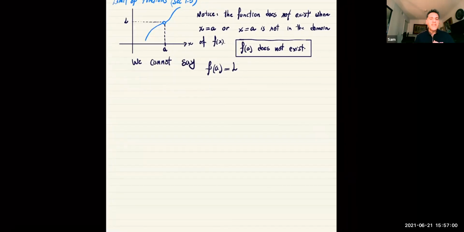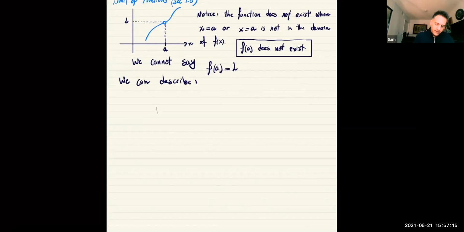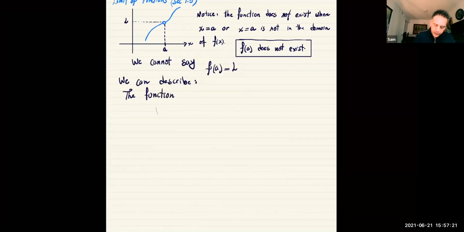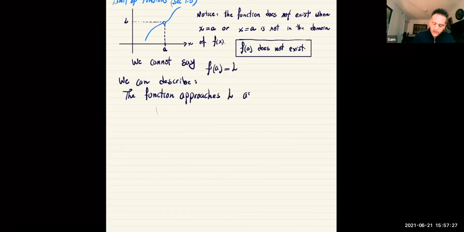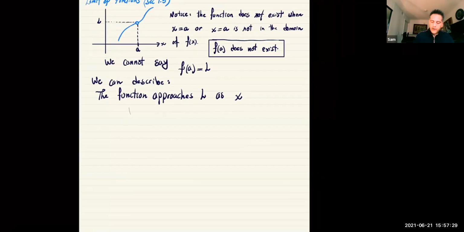We can't say what happens exactly at a, but we can describe the following: that the function approaches L as x approaches a.